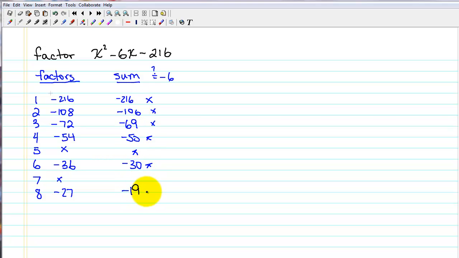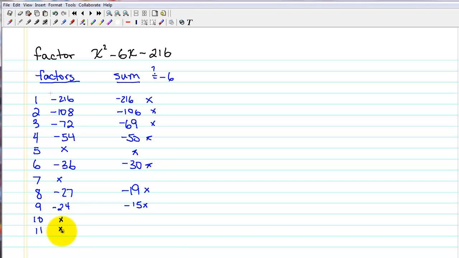As you can see, our sums are getting smaller, so we're hopefully approaching our answer. 9 divides into 216 24 times. That's going to be negative, so we get here negative 15. Still not negative 6. 10 does not divide.